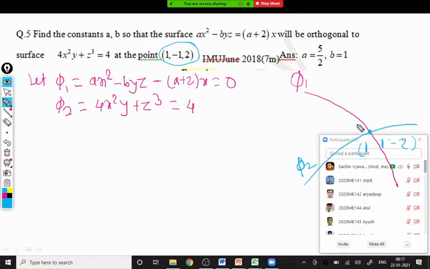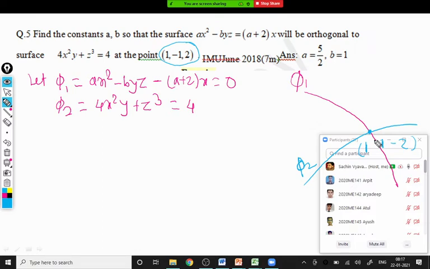Right now we have taken just a cross section of the surfaces, which looks like a curve, and these surfaces are orthogonal. At that time the tangents to the surfaces at that point are also orthogonal. But instead of tangents, we are going to use the normals, because the normal is perpendicular to the tangent. If tangents are perpendicular, the normals are also perpendicular.